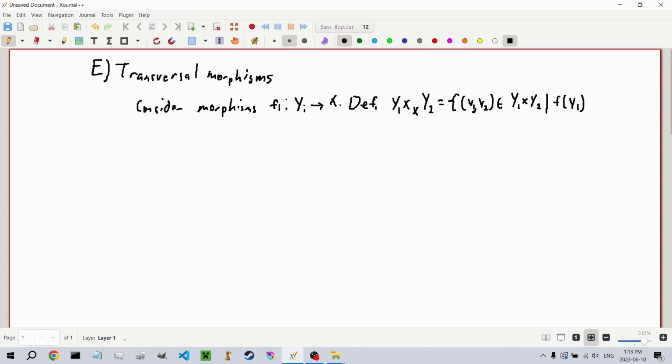There's a category theory name for this, isn't it? Isn't this like the pullback? In this context, this is called the fiber product, which is a term I've heard before. Fiber product of y1 and y2 over x.